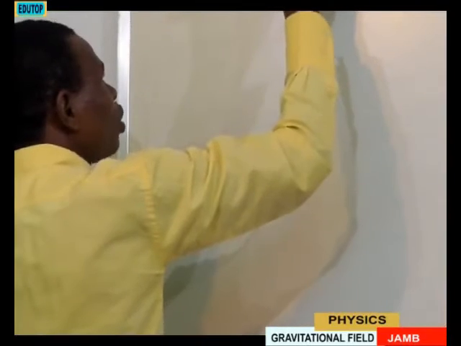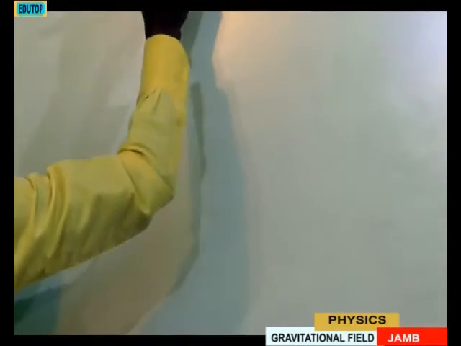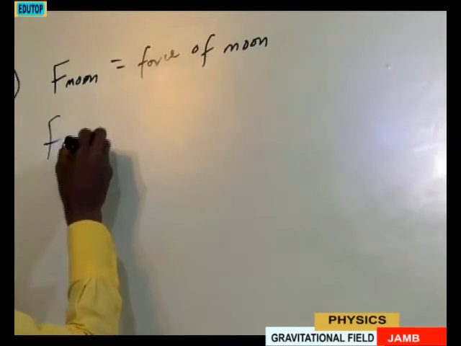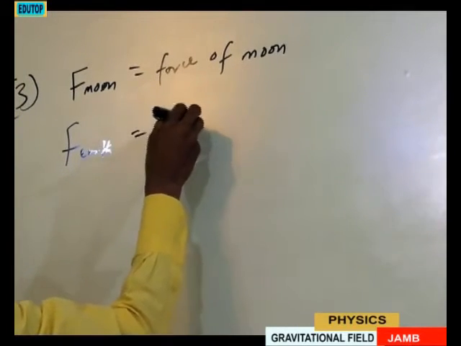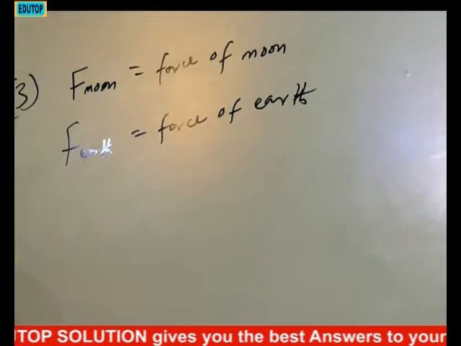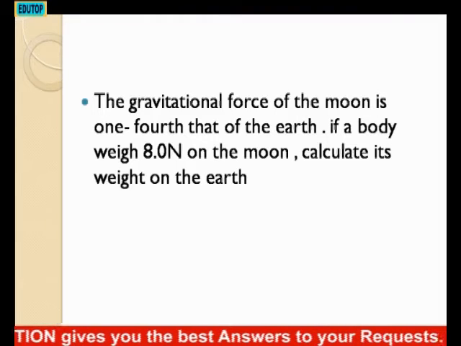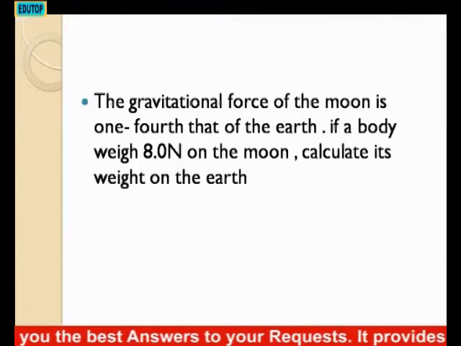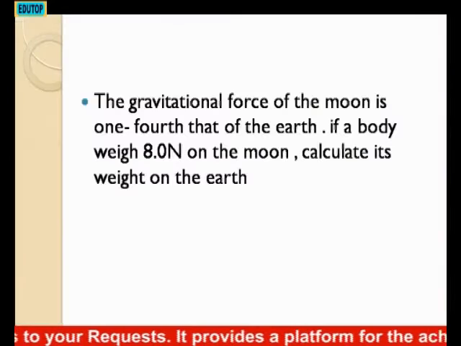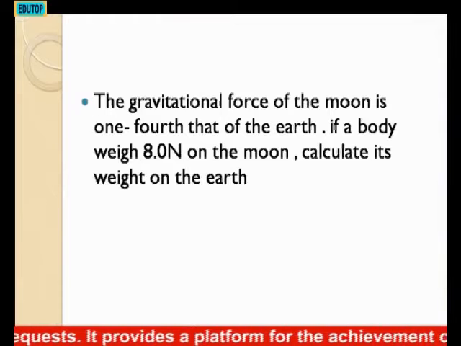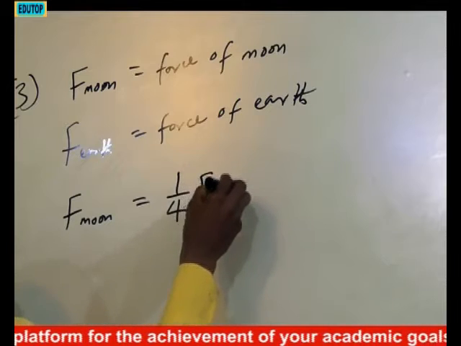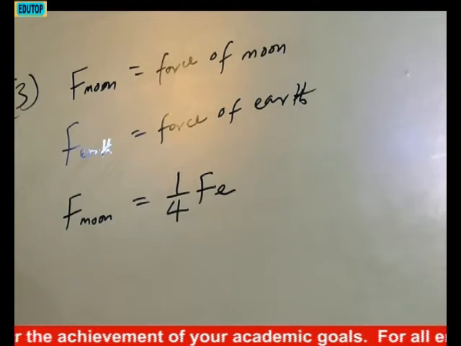Let's say F sub m means force of moon, F sub e is force of Earth. But the question says the gravitational force of the moon is 1/4 that of Earth, 1/4 of the force of Earth. Let's put it like that.